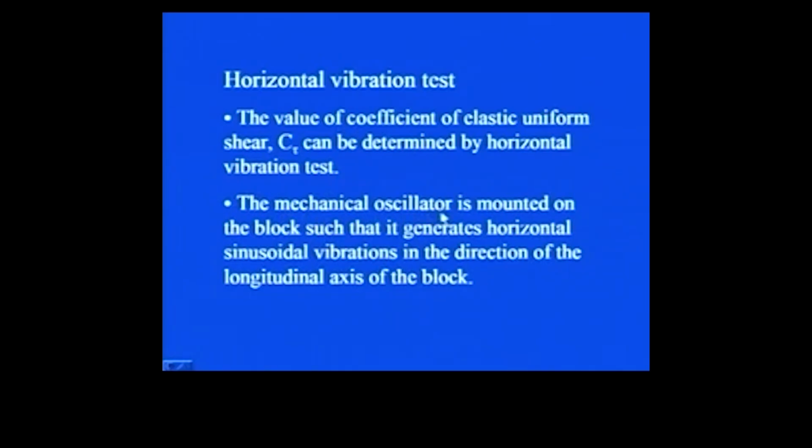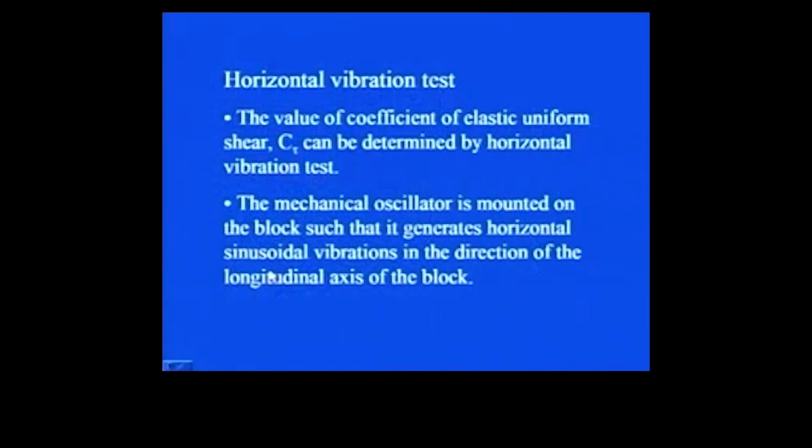The mechanical oscillator is mounted on the block such that it generates horizontal sinusoidal vibrations in the direction of the longitudinal axis of the block. In the previous case we saw that the oscillator mounted on the block was generating purely vertical sinusoidal oscillation.